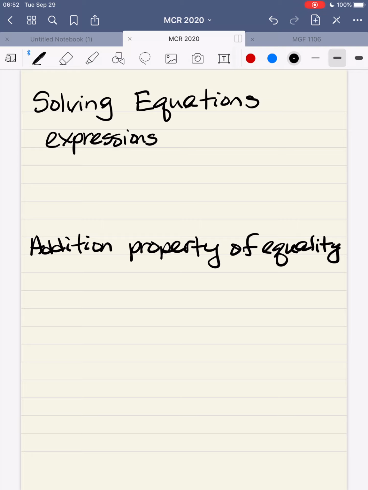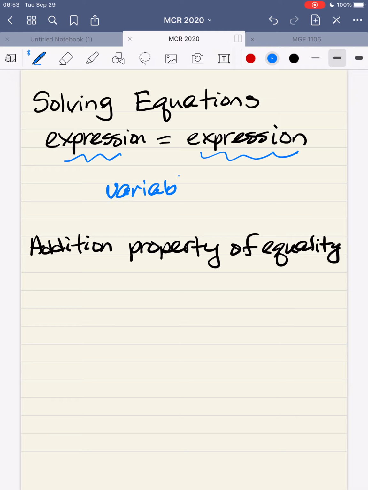Okay, and what's going to happen here is the basic definition of an equation is an expression equals an expression. So we got some stuff over on this side and some stuff over on this side, and our goal is to have a variable equal to a number of some kind.